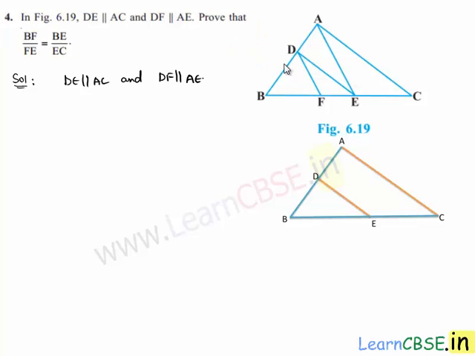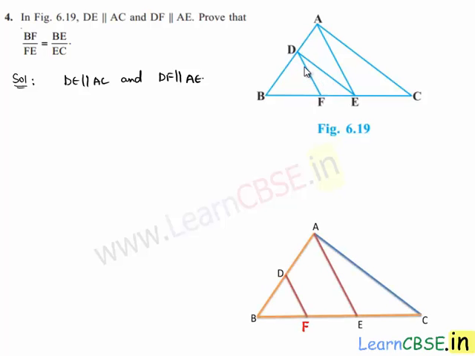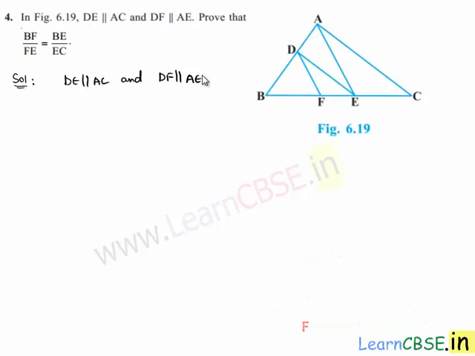We get AD by DB is equal to EC by EB, and similarly, if we consider the triangle ABE and knowing that DF is parallel to AE, by applying the basic proportionality theorem, we get the ratio in terms of AD by DB is equal to DF by FE. On equating this, we get a relation between DF, FE, DE and EC.